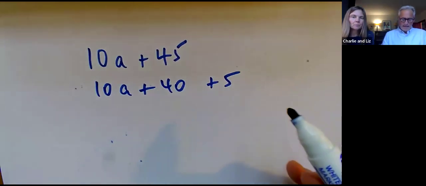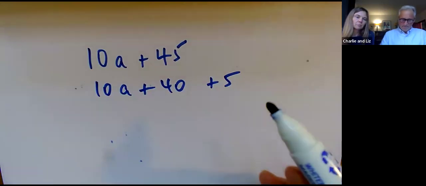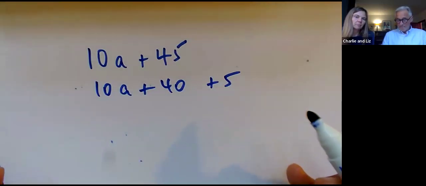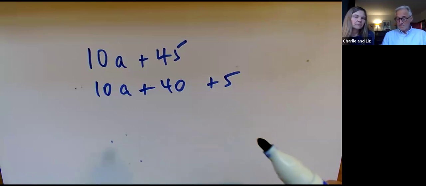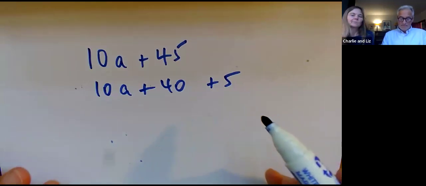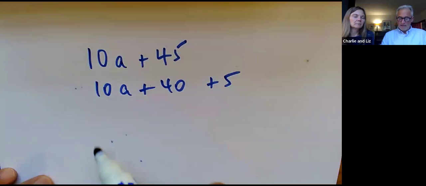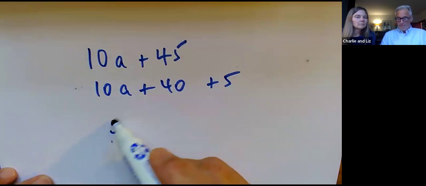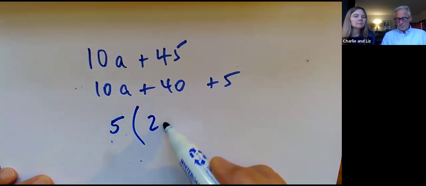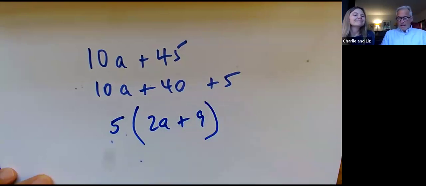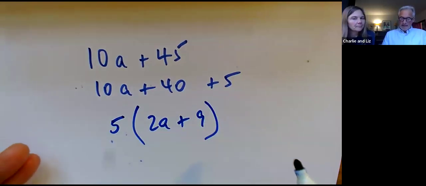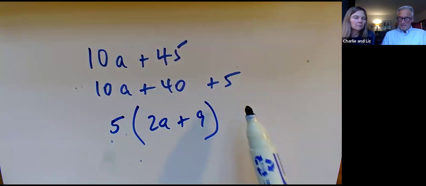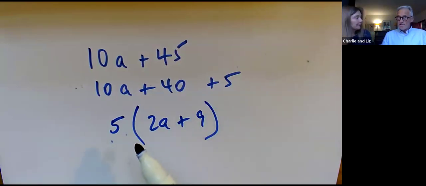Some people have been saying it's multiples of 5 which are not multiples of 10. Or they've taken 5 as the common factor and got 2A plus 9. Some people have been saying it's the multiples of 5 which are odd rather than even.